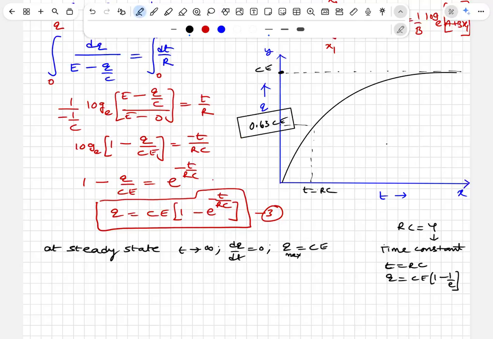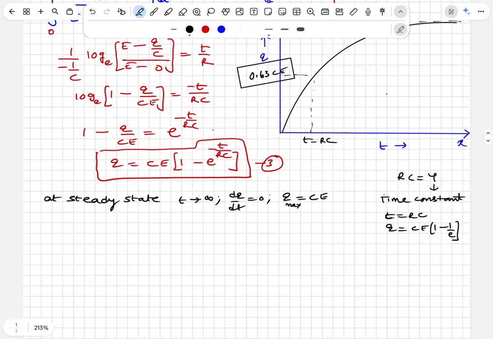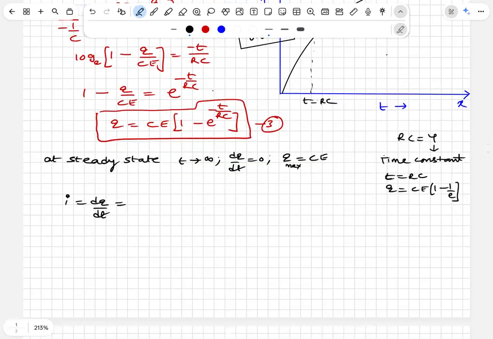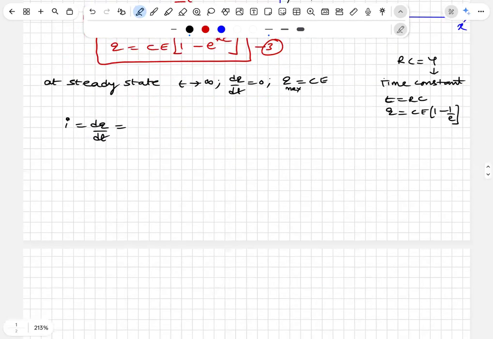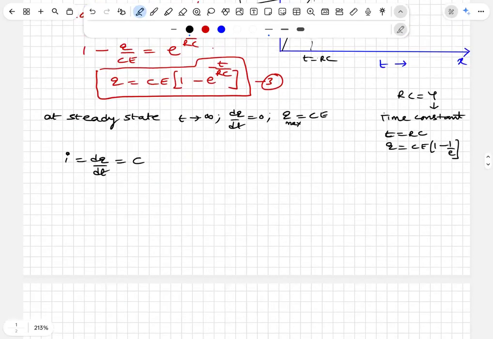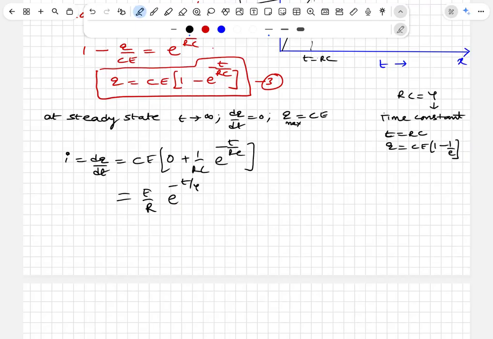Any doubts? What about current? That is also important. You were told that current is dq by dt. dq by dt means differentiate this: CE times 1 by RC times e to the power of minus t by tau, which becomes E by R times e to the power of minus t by tau.